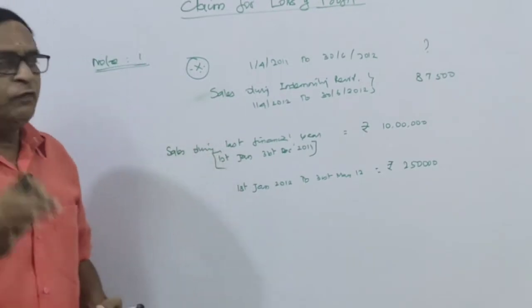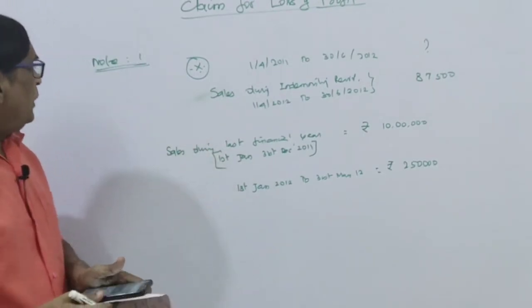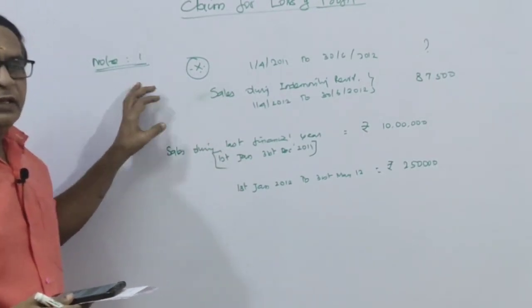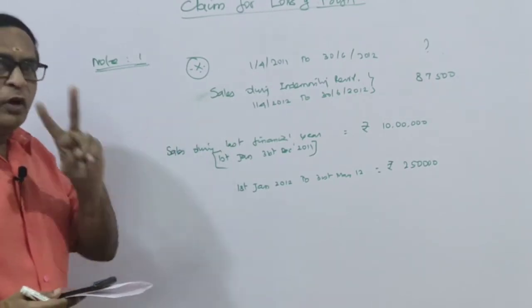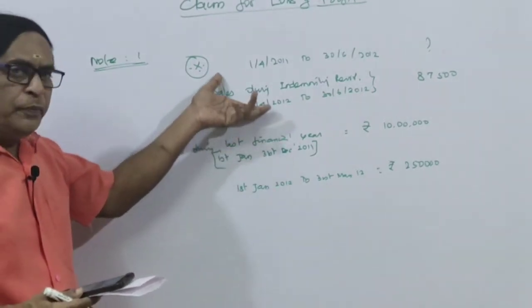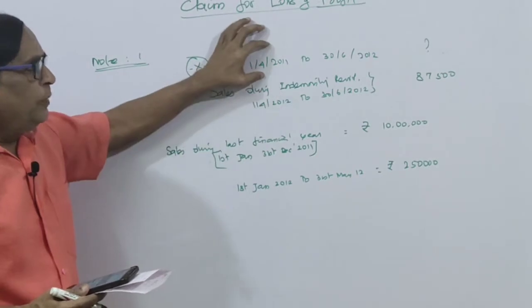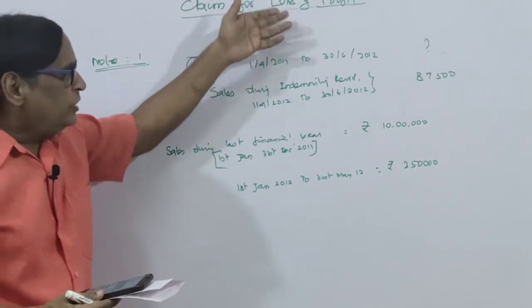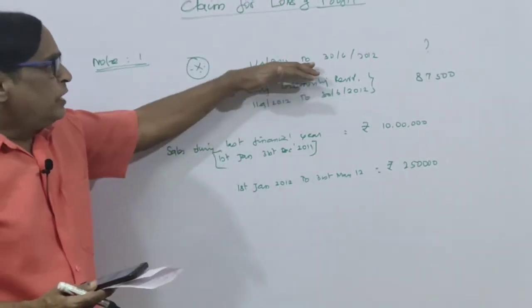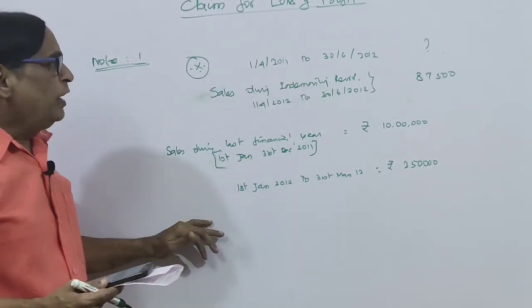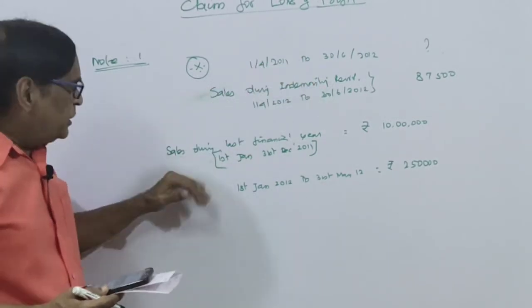Please be careful. In order to find out short sales, we need the sales figure for two periods: the indemnity period of this year and the corresponding indemnity period of the last year. We don't know the last year figures. Then we have to find out in this example.